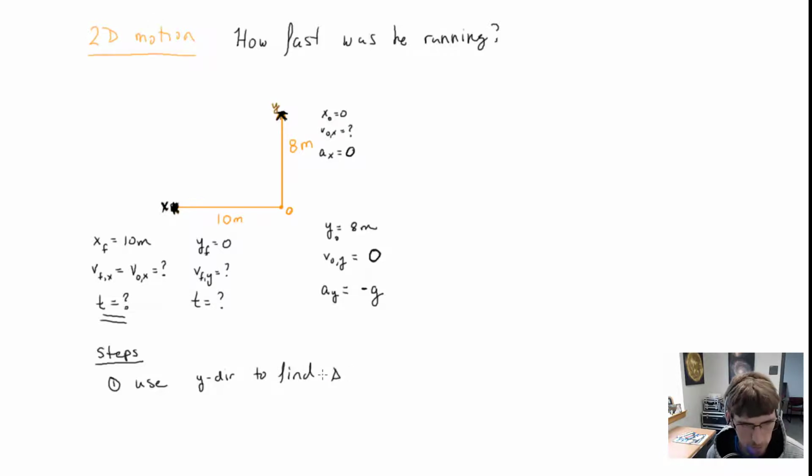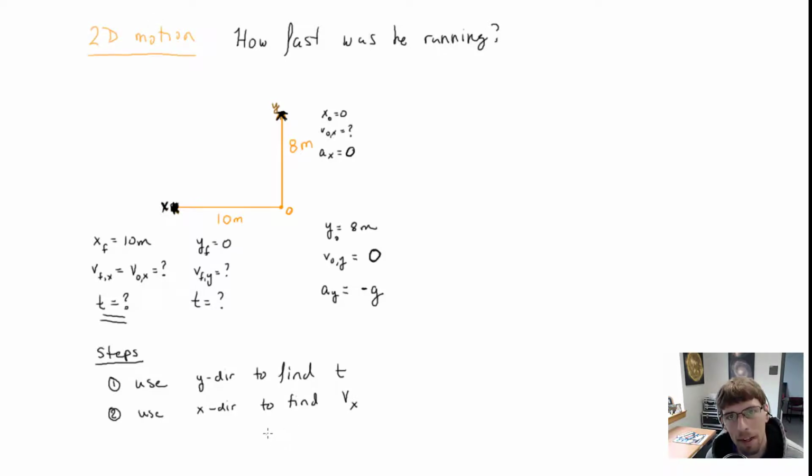Or, instead of delta t, I'll call it t final, or t. And then step 2, once we have that, we can use the x direction information to find the speed in the x direction. Okay, that's our general process.